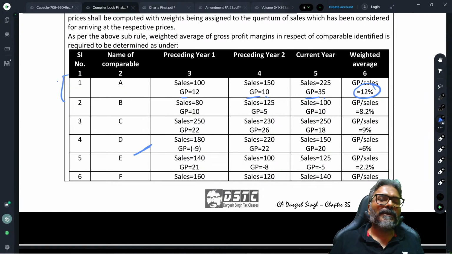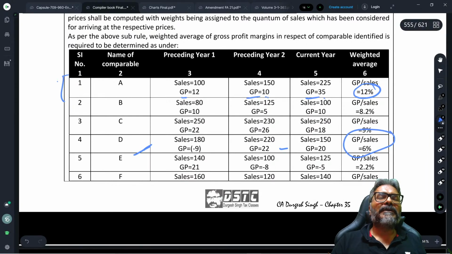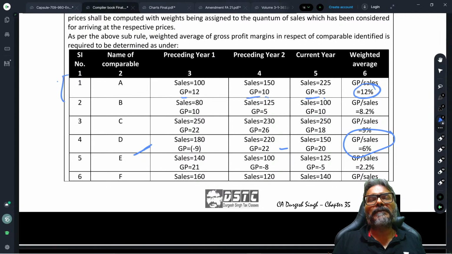So if you see over here, 22 plus 20, 42, 42 minus 9, 33. 33 divided by 550. If you do 33 divided by 550, students, you will definitely get 6%.